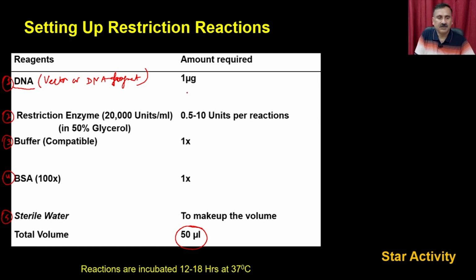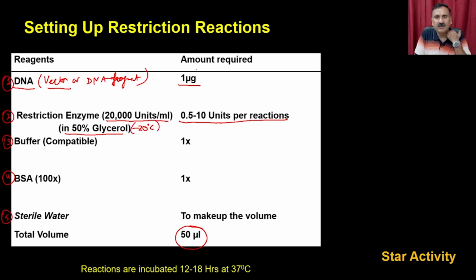So what you are going to do is take the DNA. For example, I have taken 1 microgram of DNA. Then I am going to put the enzyme in the range of 0.5 to 10 units per reaction. Normally, the restriction enzymes you get from the vendors are in the range of 20,000 units per ml, and they are in 50% glycerol, because mostly the restriction enzymes are stored at minus 20 degrees Celsius.